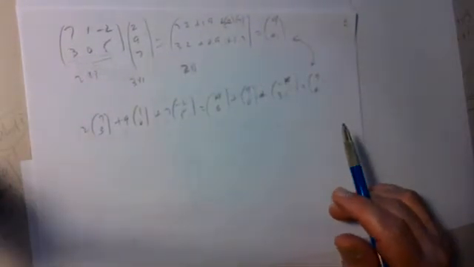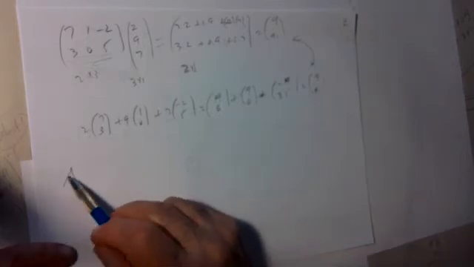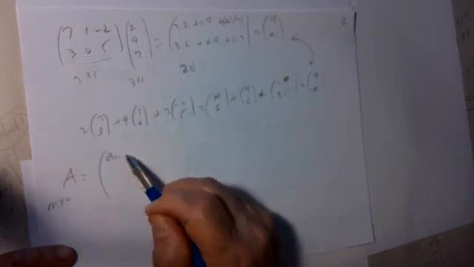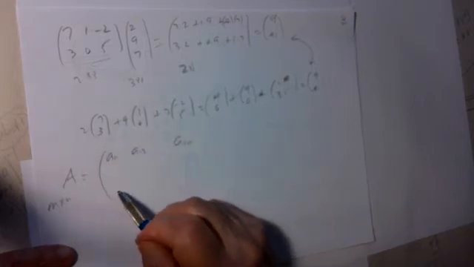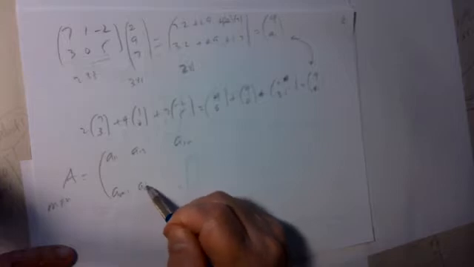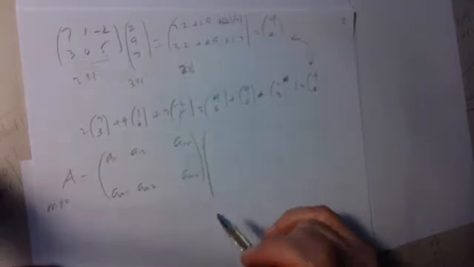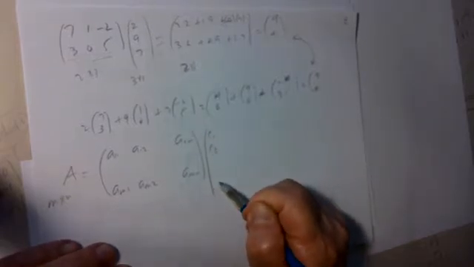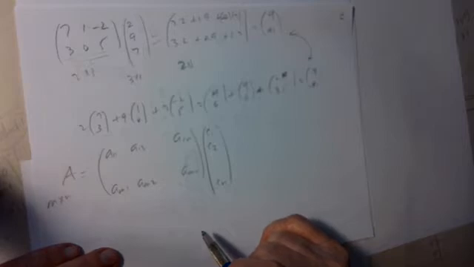And this is a general phenomenon. If you have, let's say, A is an m by n matrix, and you're multiplying that by a column vector, what is that going to be?